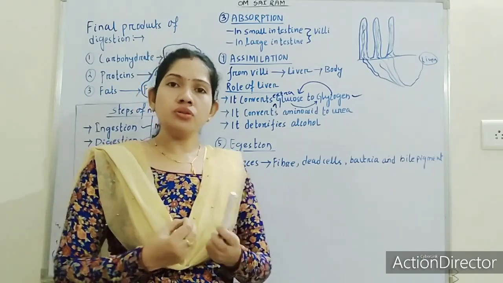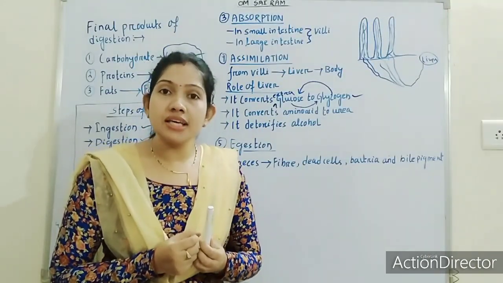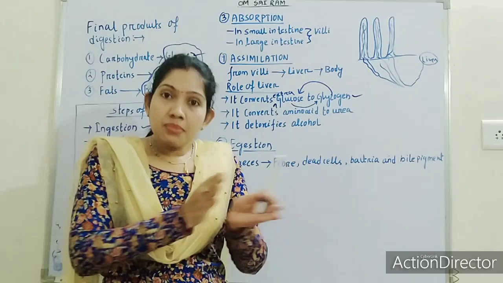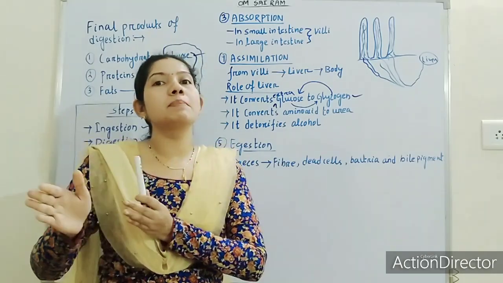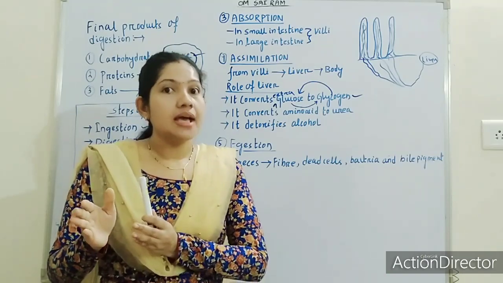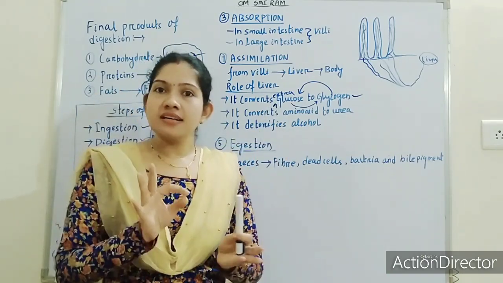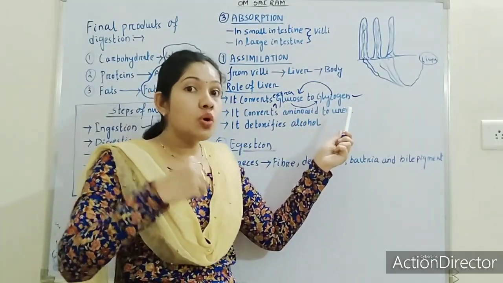So the thing I want to tell is that the energy we get from the food remains in our body and is utilized for some period of time. Then our body needs more energy, and at that time of need, the liver converts the stored glycogen.